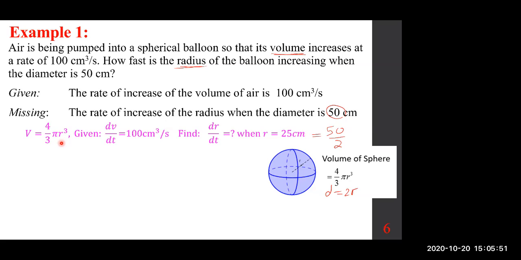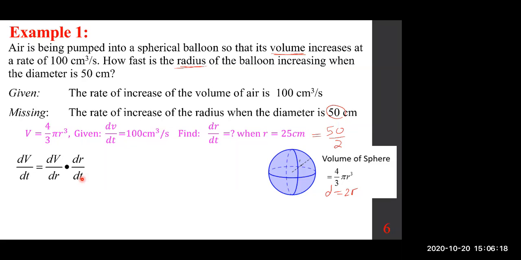So you're using the chain rule: dV/dt is dV/dr times dr/dt. I hope you see that, everybody. Let's see what dV/dr is. First of all, 4/3 pi is just a number, so we keep it. Then r cubed gives you 3r squared, and then dr/dt.